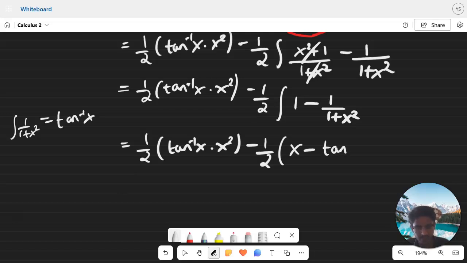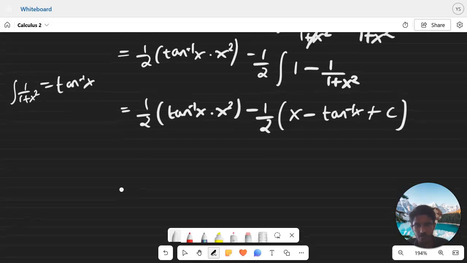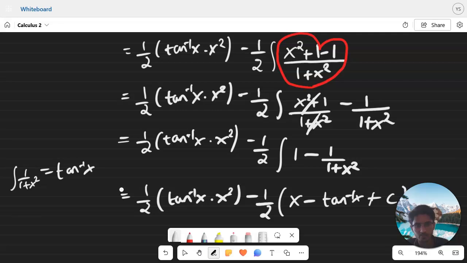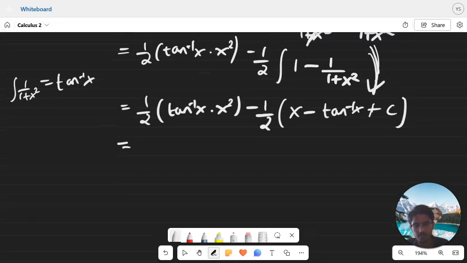So this is going to be tan inverse of x plus c. As you can see, we got from here to here, which would otherwise be more difficult if we didn't add and subtract 1 on top. Now we've gotten to our answer.